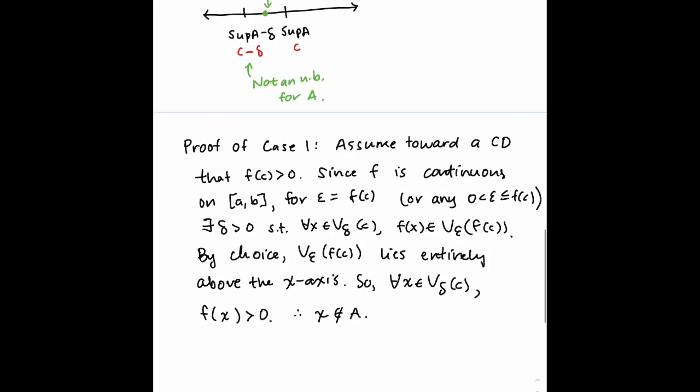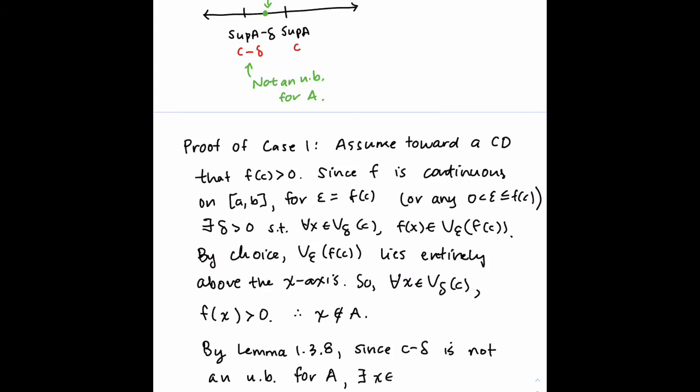But we'll get a contradiction because we know that no such x value is going to exist between sup A minus delta and sup A. So by lemma 1.3.8, since c minus delta is not an upper bound for A, there must exist an x in A such that c minus delta is less than x, which is ultimately less than or equal to c, because c is an upper bound for any x in my set.